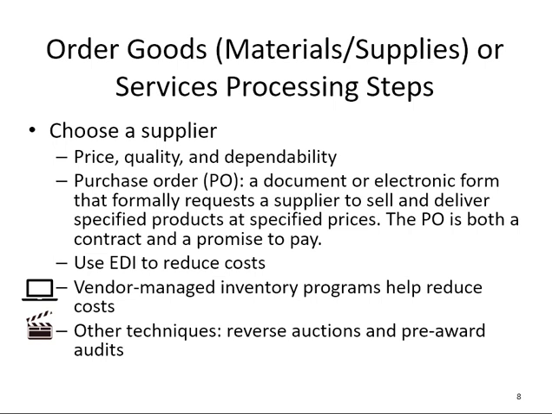So once we determine the supplier and item, we're going to send a purchase order. A purchase order is a document or electronic form that formally requests a supplier to sell and deliver specified products at a specified price. The PO is both a contract and a promise to pay.